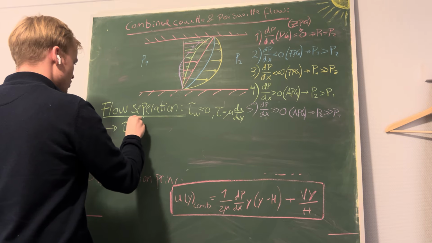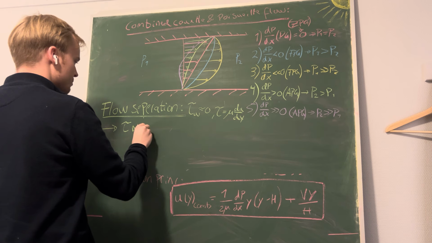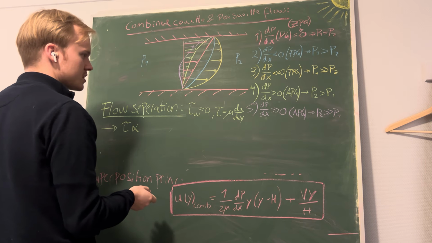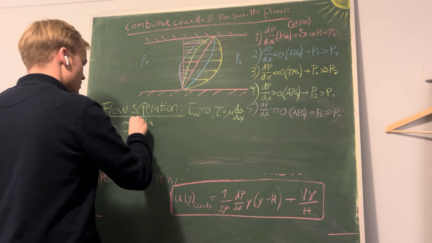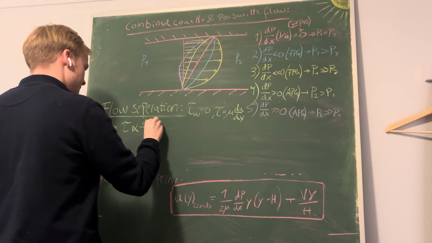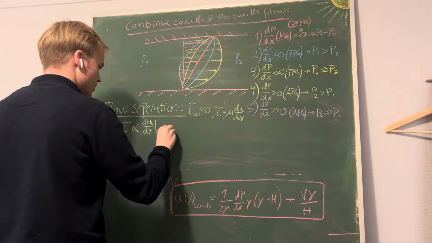So we say that tau, our shear stress at the wall, is proportional to our velocity gradient near the wall, so du/dy as y goes to 0.